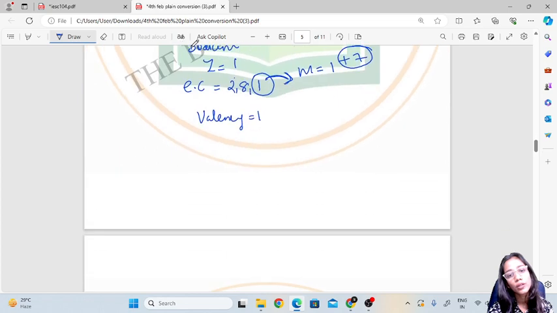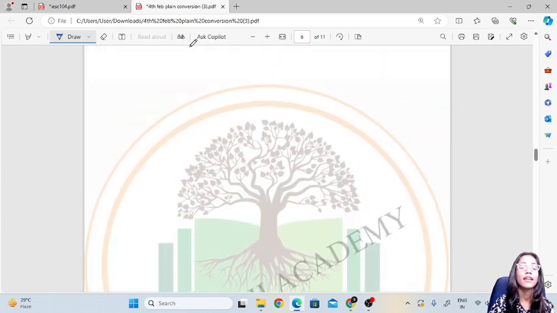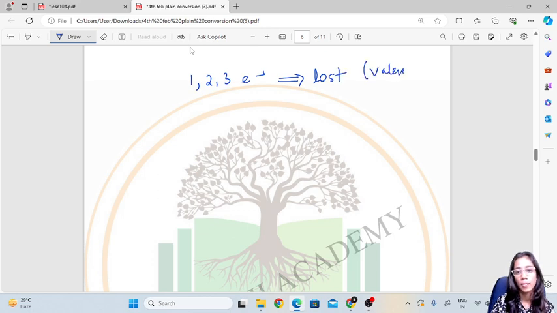So from this we can say that if there are 1, 2, 3 electrons in the outermost shell, they are lost, and that is the valency. But if there are more than 4, that is 5, 6, 7 electrons, electrons are gained.